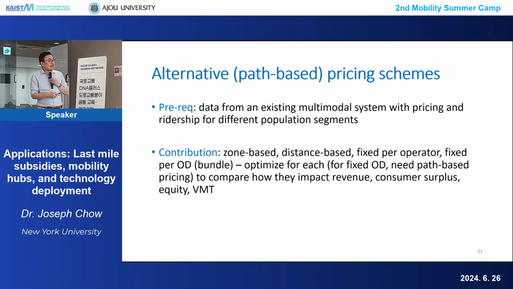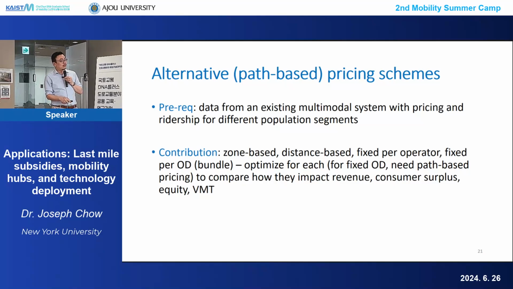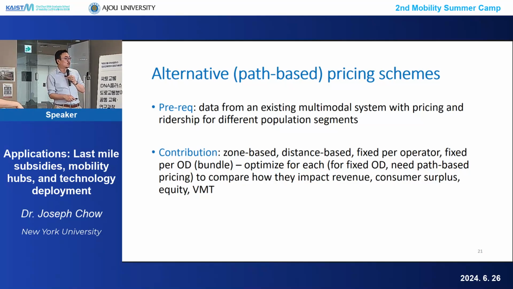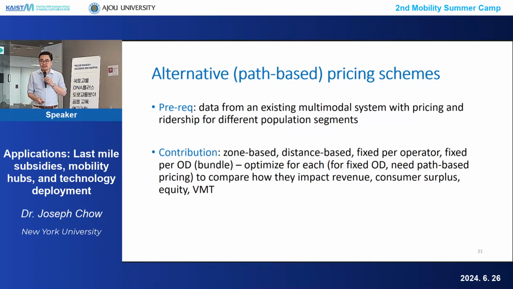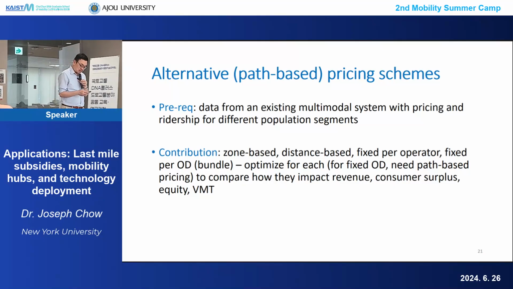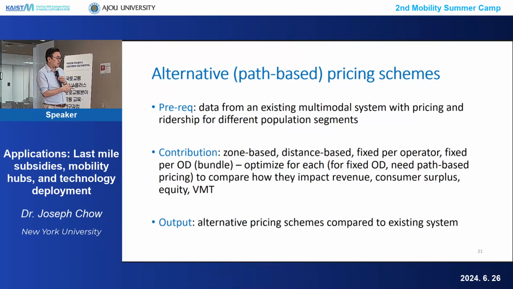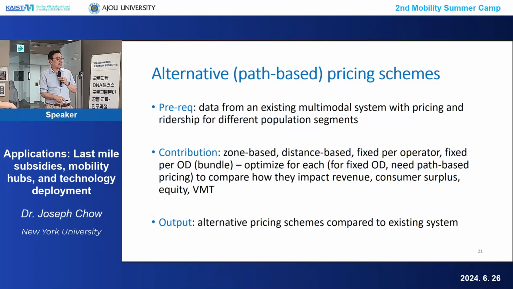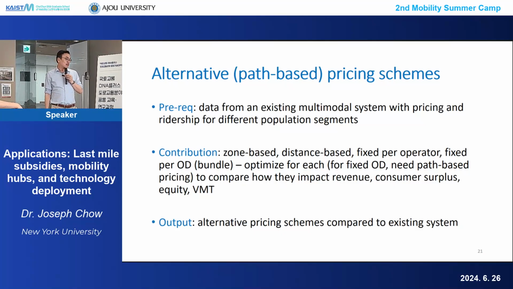And then you can also look at derivative metrics, like consumer surplus, equity, VMT, greenhouse gas emissions. You can look at all those outputs as well. I think that's also very practical, and looking at these different pricing schemes can be interesting.